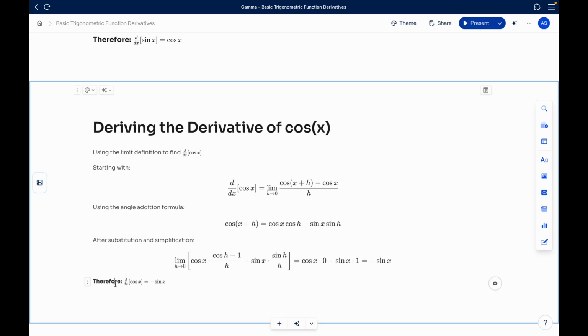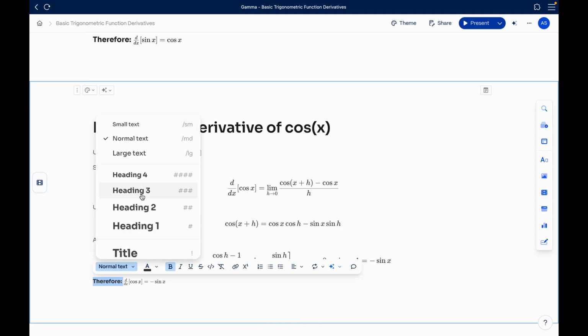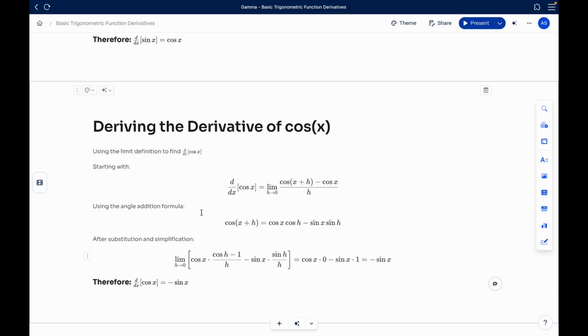The strategy to find the derivative of cosine of x is in fact quite similar. We start with the limit definition of the derivative and substitute cosine of x for f of x. So we have cosine of x plus h minus cosine of x over h, as the limit as h approaches 0.